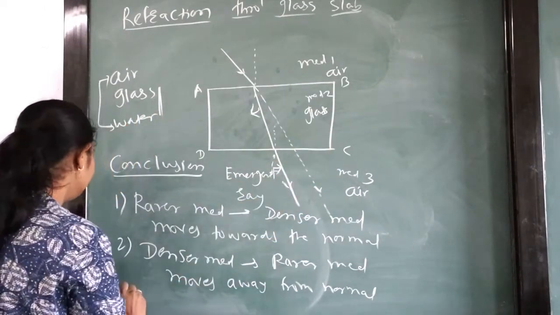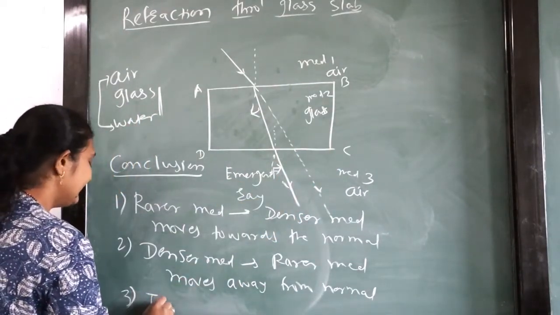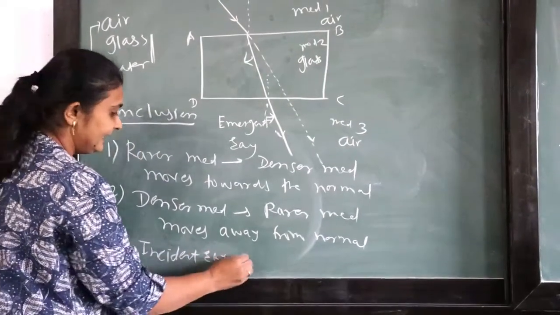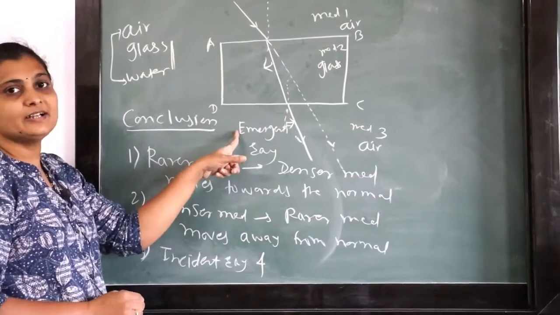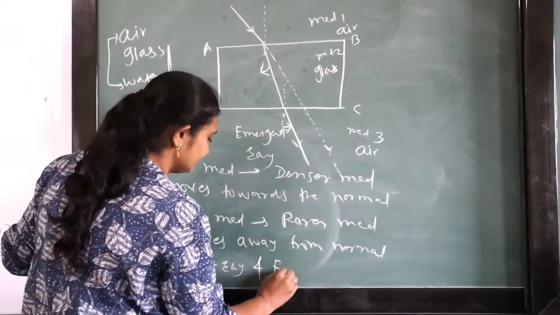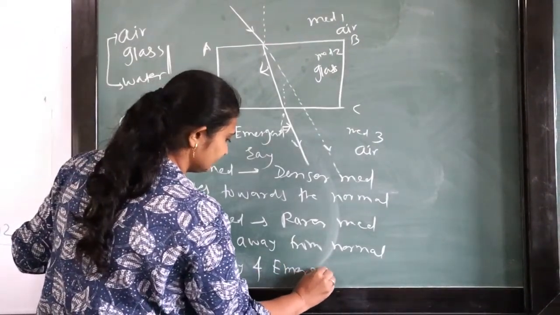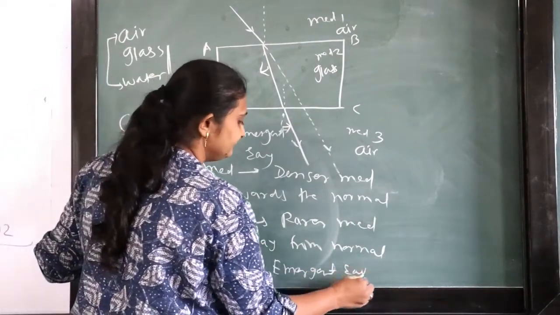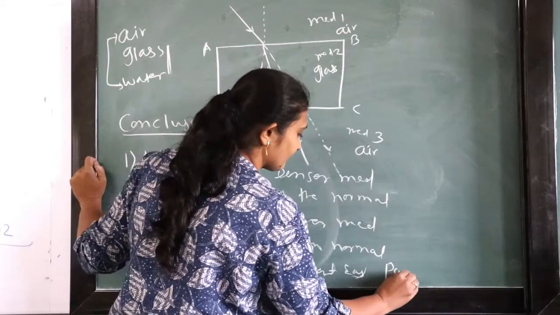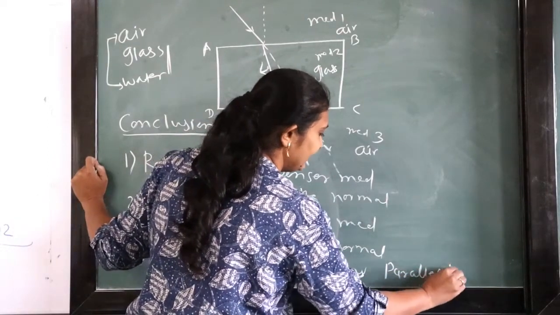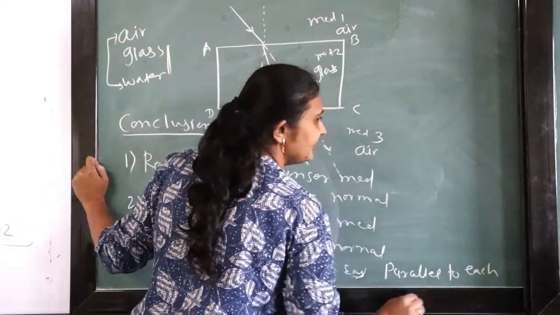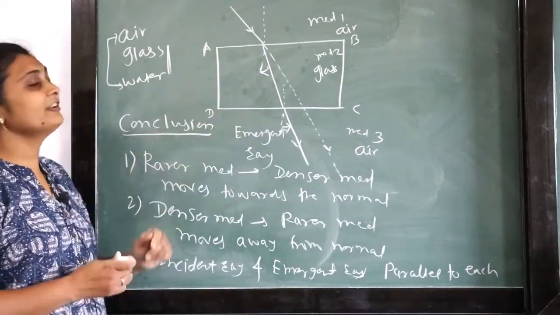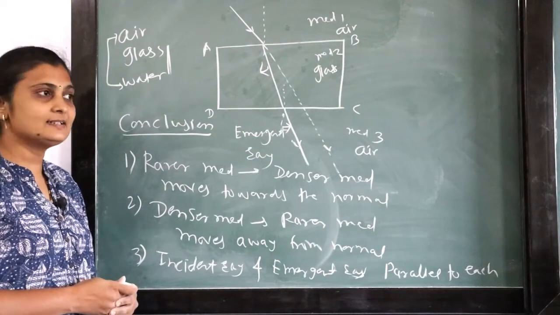And third, the incident ray and the emergent ray are parallel to each other. Correct? This diagram is important: refraction through a glass slab.